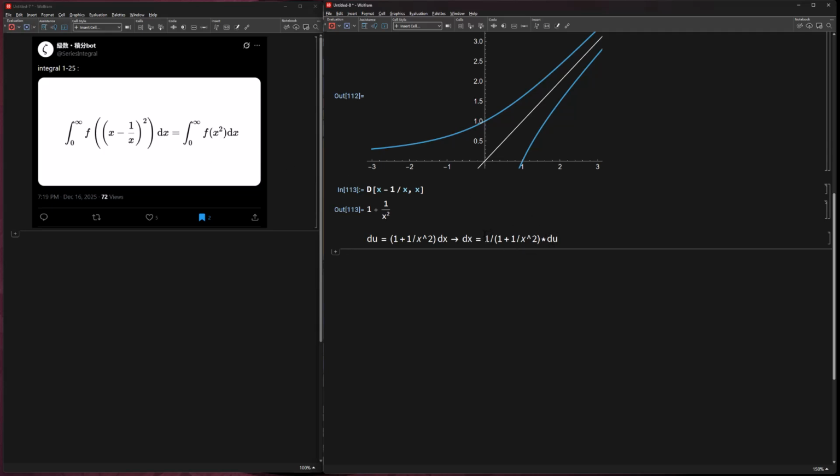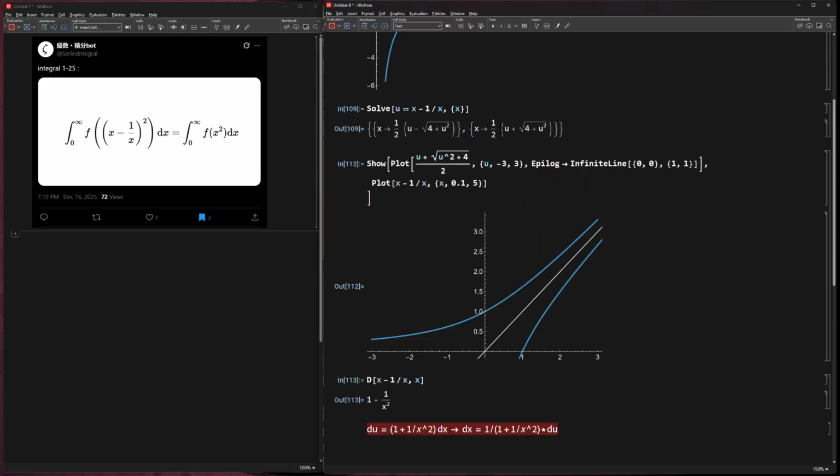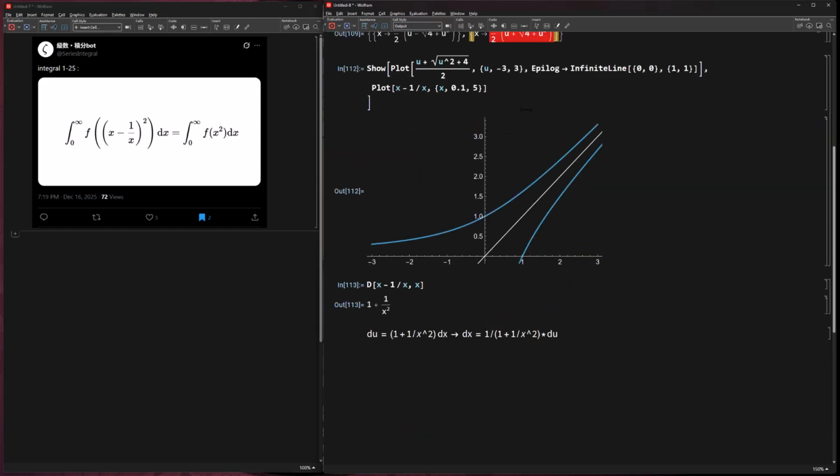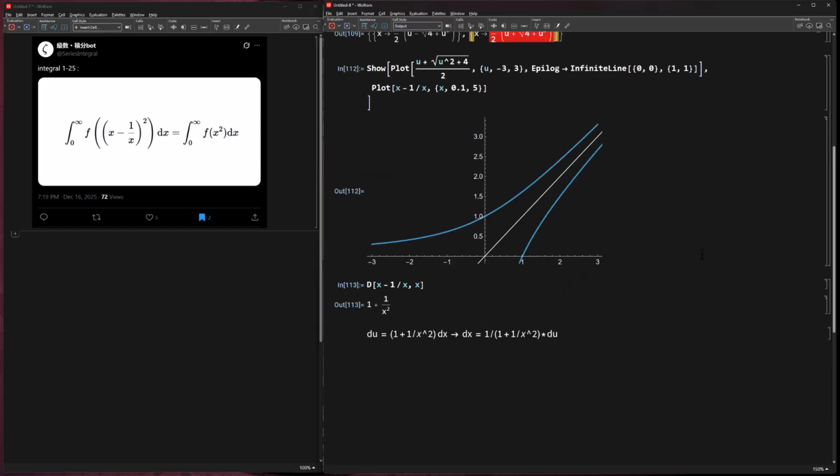Because on the right-hand side of this equation we have mixed x and u, we want to replace x with u as well. Here we can see that x equals 1 over 2 times u plus the square root of u squared plus 4. So we can replace x with this expression and take a look at the actual expansion.